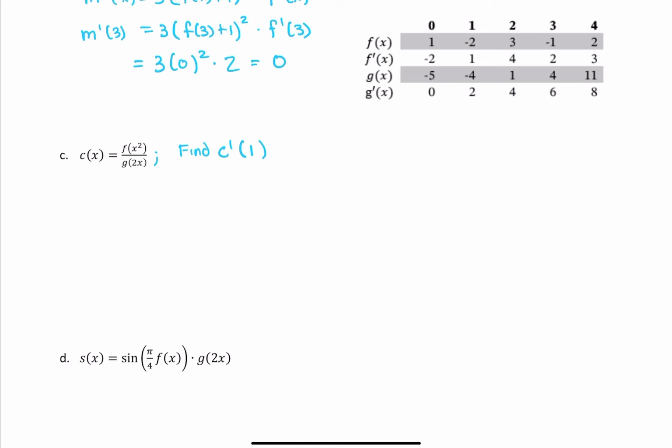All right, so c prime of x is going to require the quotient rule. So the quotient rule is the denominator, g of 2x, multiplied by the derivative of the numerator. That's going to be f prime of x squared, chain rule, and then multiply by the derivative of the inside, which is 2x.